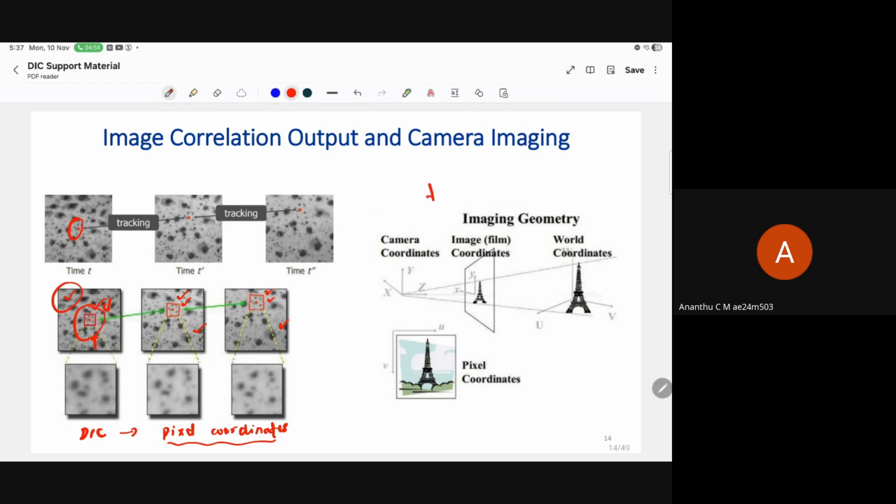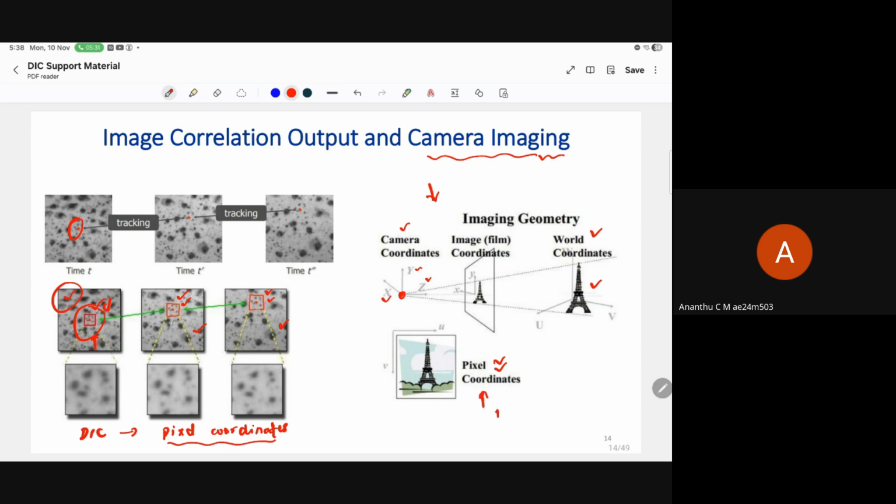If I explain this camera imaging, which I have discussed already in the last class, but in brief, this is the point where your camera is located, and this camera has some camera coordinate system. It will have its own coordinate system x, y, z, and then this camera is looking at some object like this in the world coordinate system, right? When you use the camera, you capture an image. So whatever object you have, finally you get the image in pixel coordinates, right?